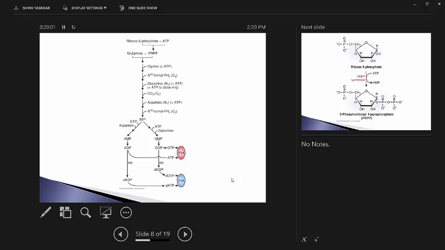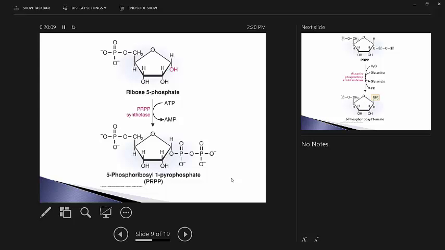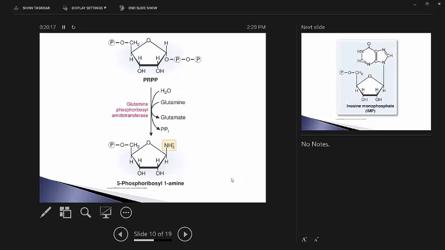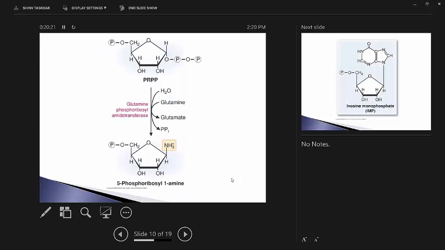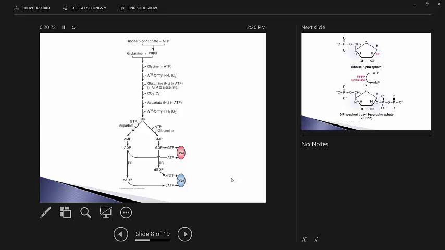So I have it down in numbers. I think that'll help rather than me wandering around. The first one is glutamine and PRPP, so I will put a 1 here.